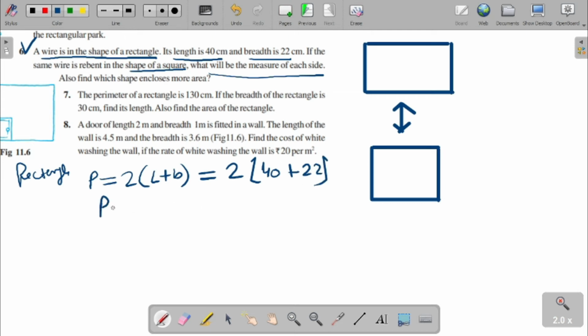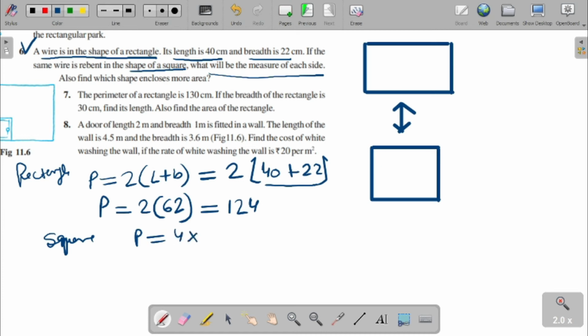So perimeter is equal to 2, in place of 40 and 22 you can write 62. 2 times 62 is 124. 124 is the perimeter of the rectangle, and the same is the perimeter for the square. What is the formula in case of a square? Perimeter is equal to 4 into side.